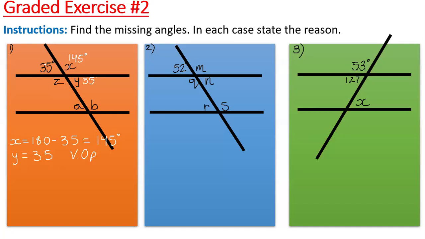Okay, now we need Z. What do we have for Z? Z equals 145 degrees because vertically opposite angles are equal. Sashnik, what is that? Z equals 145 because vertically opposite angles are equal.